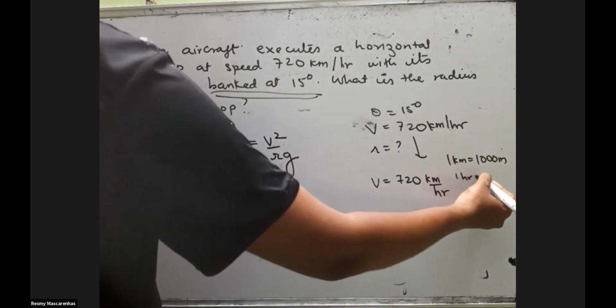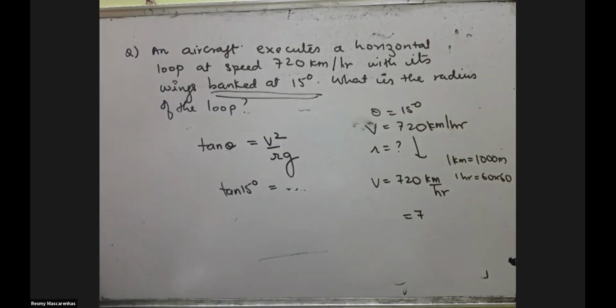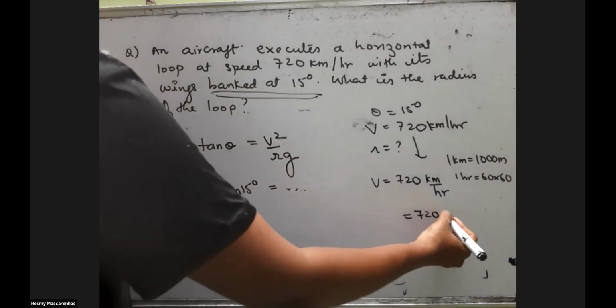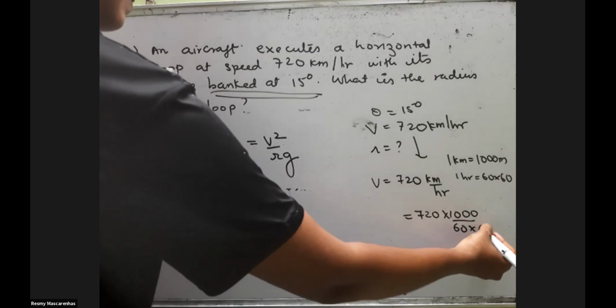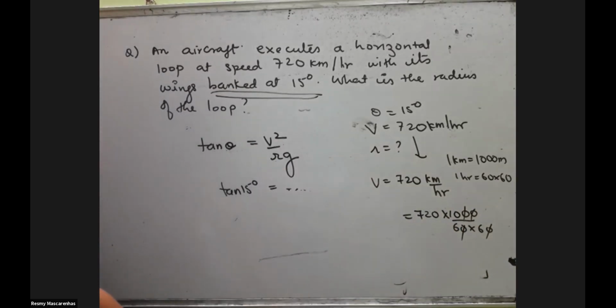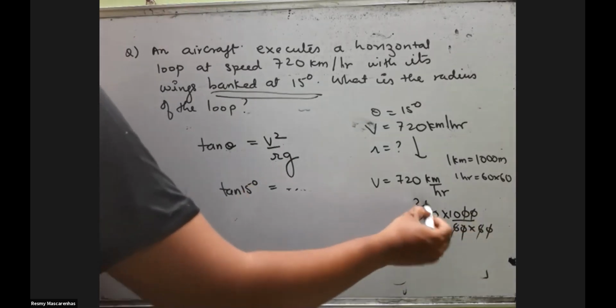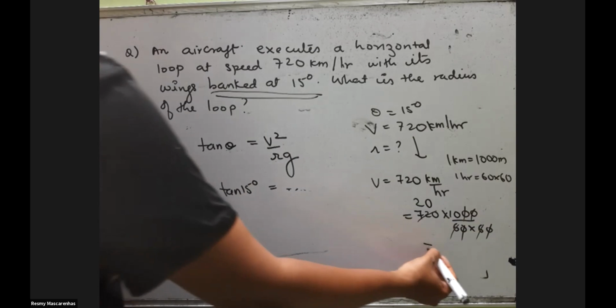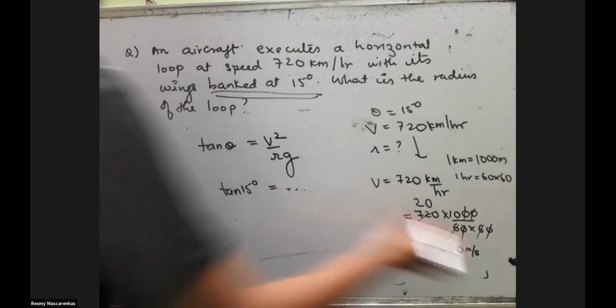And 1 hour is how much? 60 into 60. So that will become 200 meters per second.